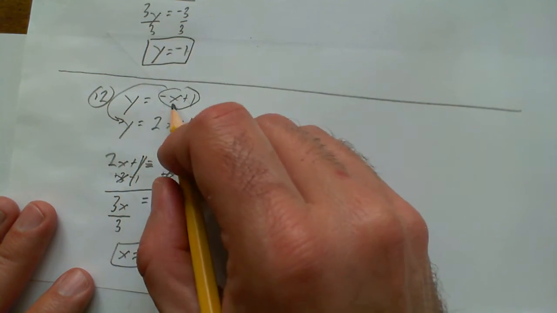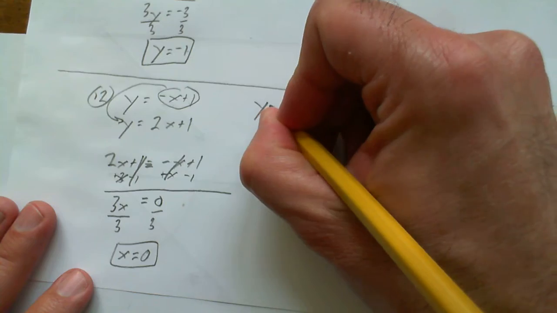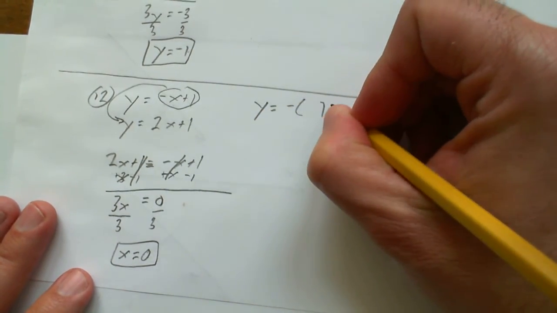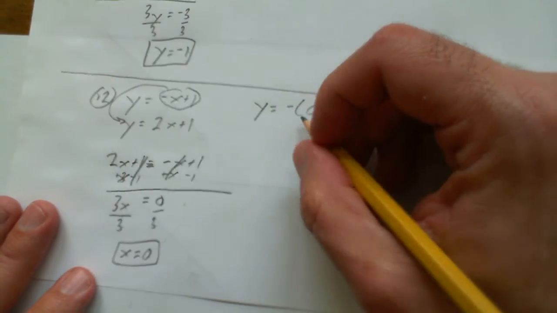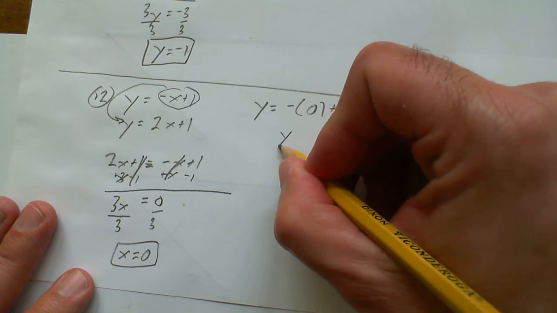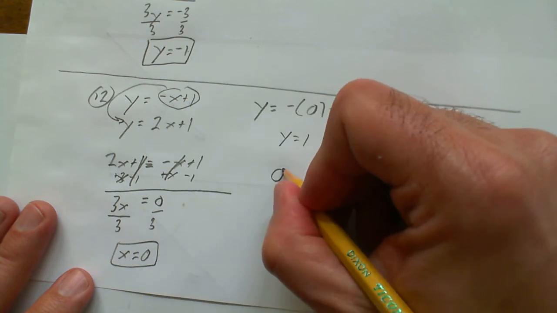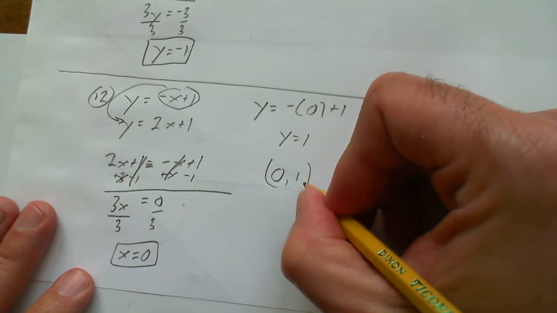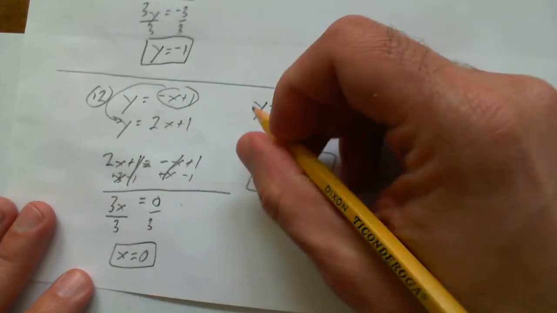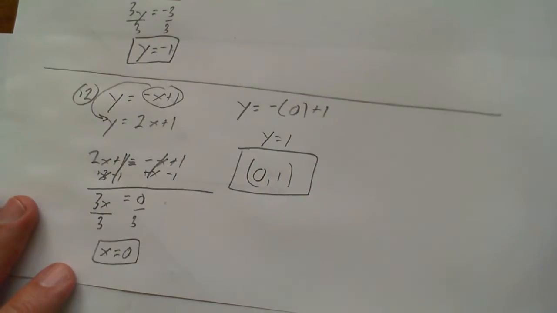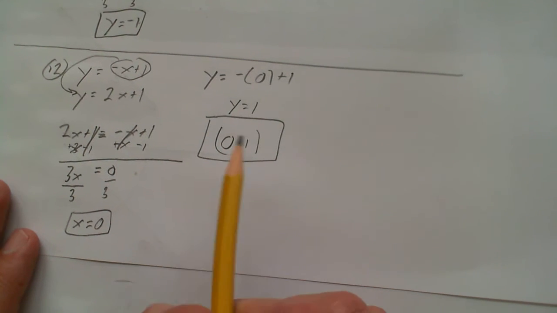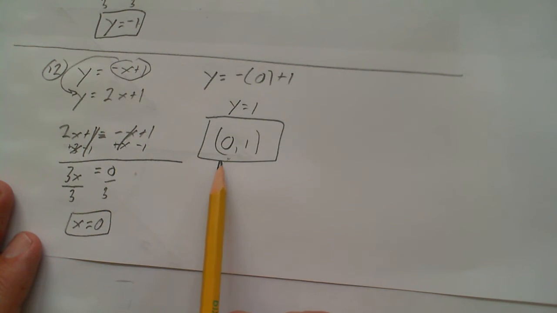Plug the 0 into the equation. y equals negative, instead of x, we do 0. 0 minus 1 is y equals 1. 0, comma 1. Make sure you write your answer in that form right there.